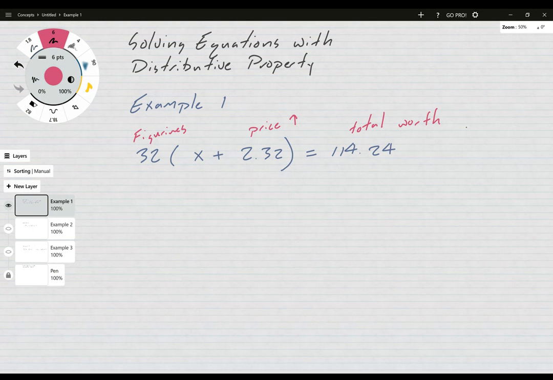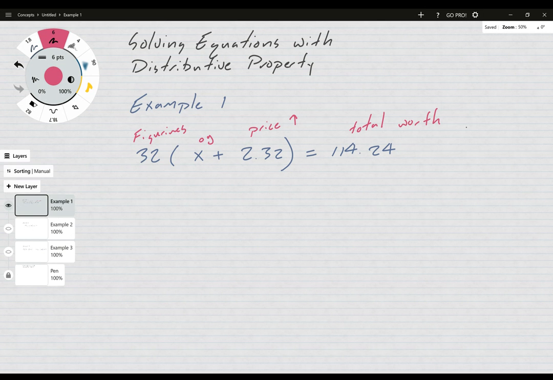Now the x, that's what we're going to be solving for. Our x represents the original cost, the OG amount. All right, so we have 32 figurines. The price increased by $2.32 with a new total of $114.24, and we're using x to represent the original amount, the original price of each figurine.